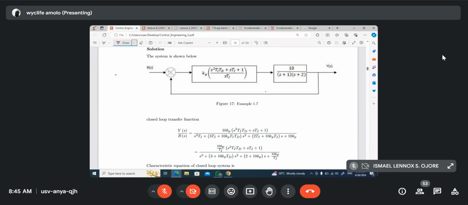So with this unity feedback, negative one here, you shall have C(s) over R(s), which is Y(s) over R(s), equal to G(s) over 1 plus G(s), and R(s).